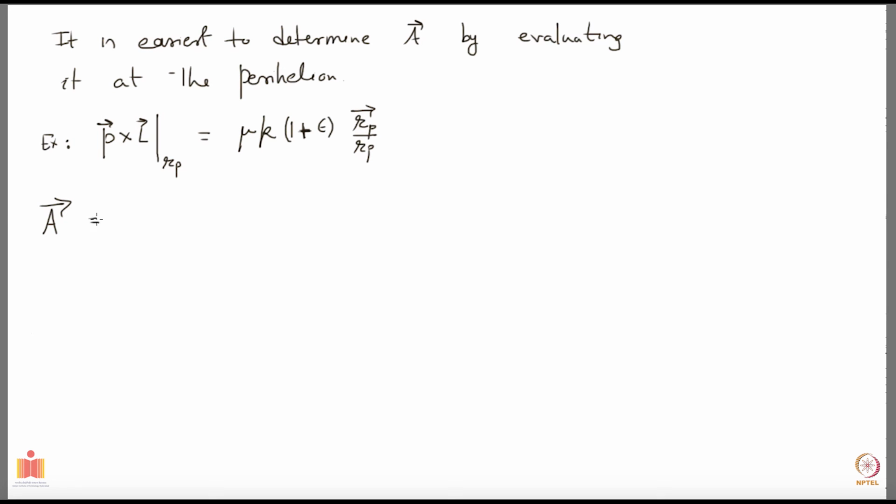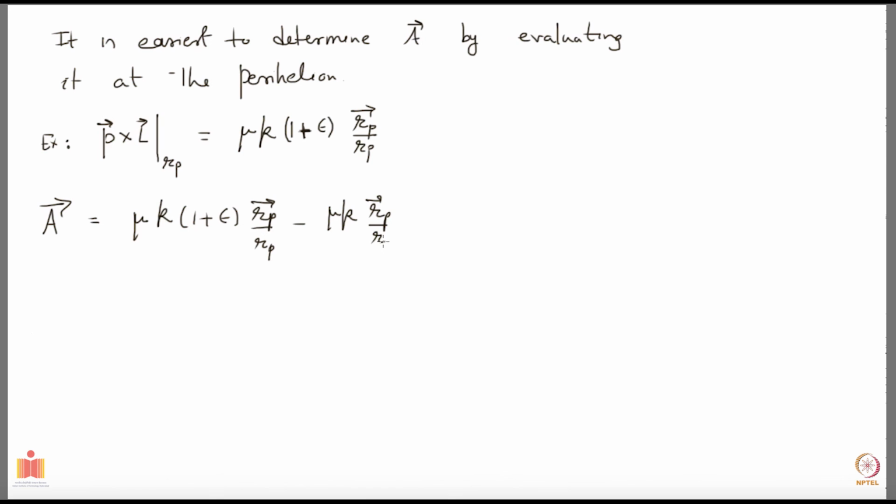So A would be mu k times 1 plus epsilon Rp over R, that's the first term, minus mu k Rp over R. Okay, and calculating that is quite easy.